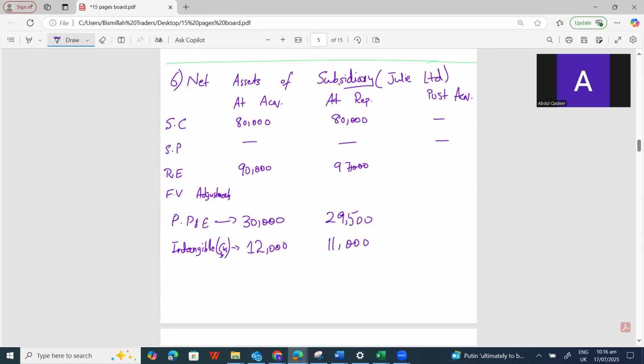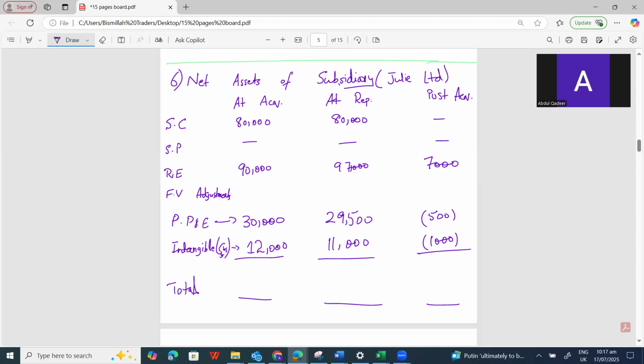So what is the post acquisition difference? After purchasing the company, what progress have we made? Post acquisition retained earning was 7,000. Post acquisition depreciation on the asset: 30,000 to 29,500, so this becomes less. And the intangible asset is reduced from 12,000 to 11,000, so 1,000 amortization. So here we will be able to calculate our total.